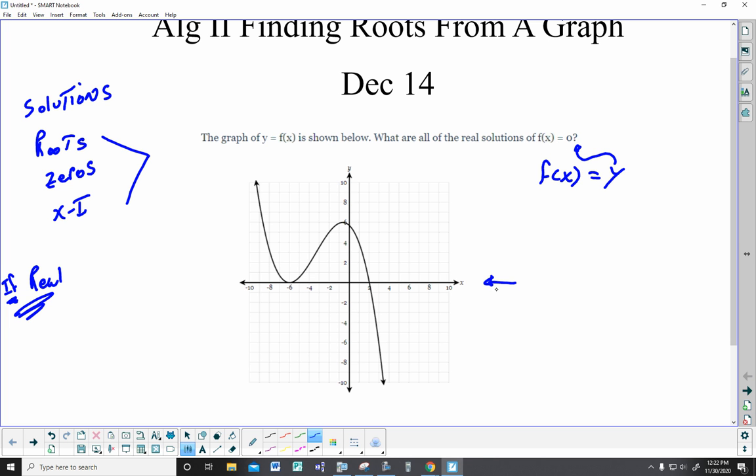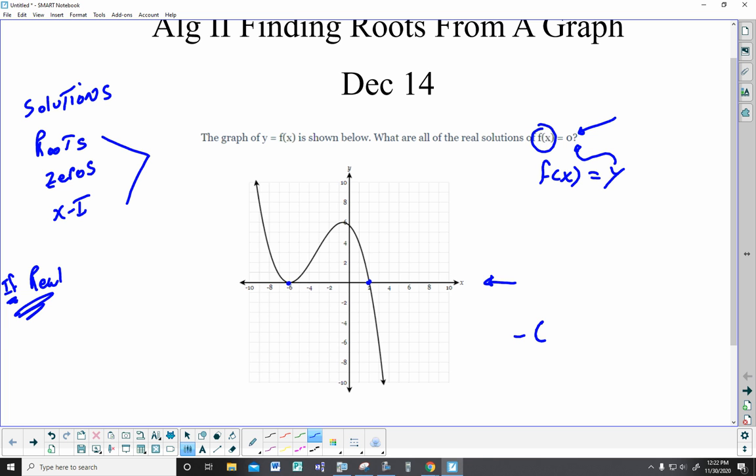Anywhere on the x-axis. So where's the graph touching on the x-axis? It's touching here and touching here. So they're your x-intercepts. It's also what are called zeros, because when is your function equal to 0? Where are the zeros? So all you have to do is look for your x-intercepts when you have the picture.